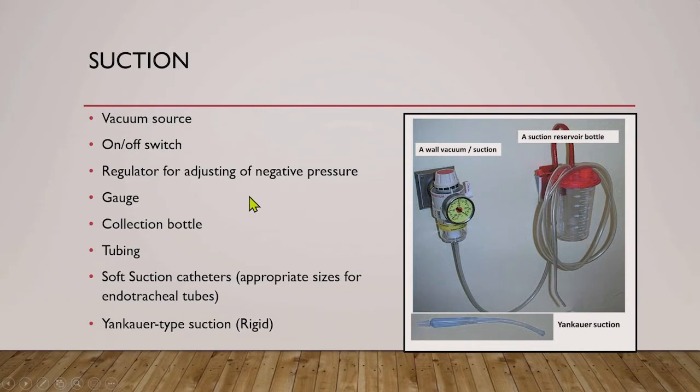Different hospitals may have different setups, but there should be a vacuum source, a gauge for the negative pressure that you apply, a collection bottle, tubing, and suction catheter. It can be a soft suction catheter, which comes in different sizes and needs to be chosen appropriately if the patient is endotracheally intubated, or it can be a rigid type, what we call a Yankauer suction.